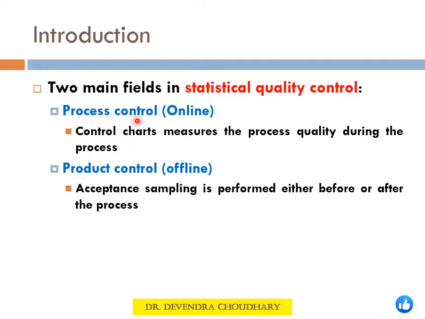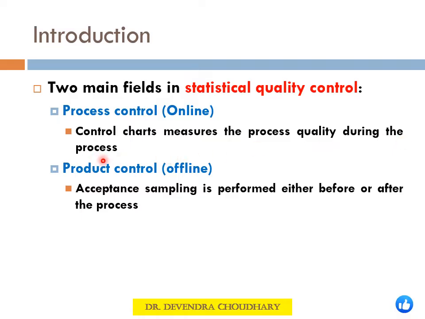Process control stream is also called online quality control, as control charts are used to measure and monitor the process quality during the production process.